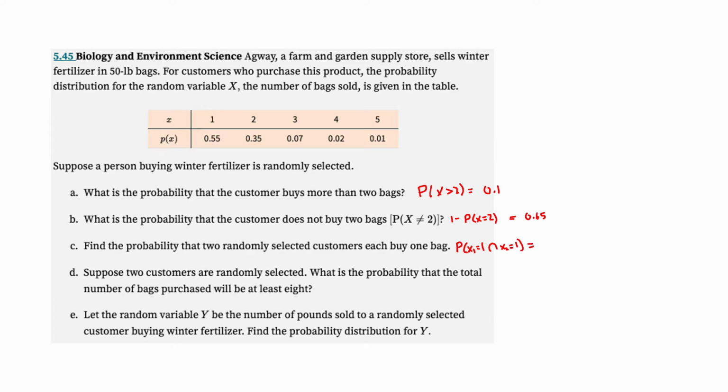And since these are randomly selected, we can just multiply the probability of these events. They're independent because they're randomly selected. And that equals 0.3025.